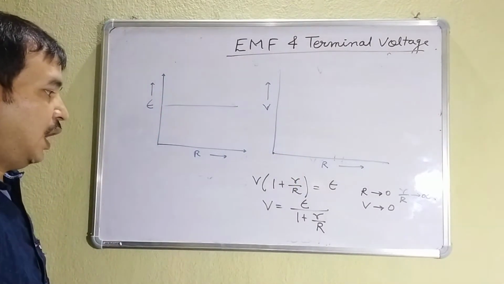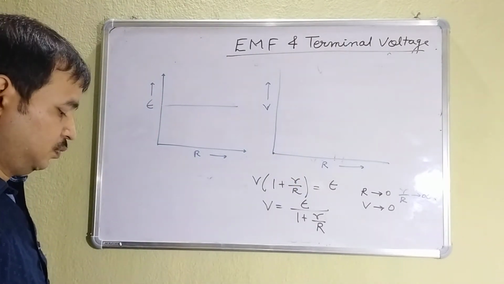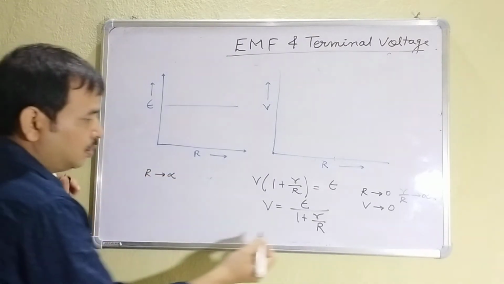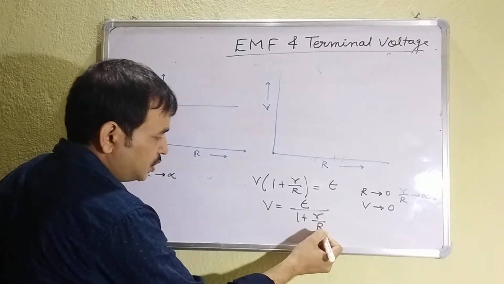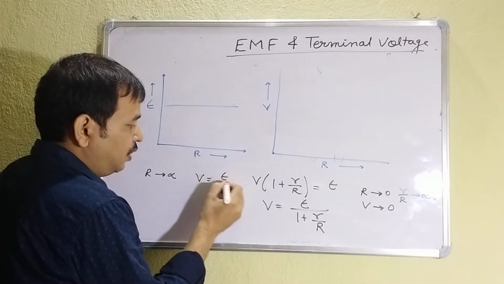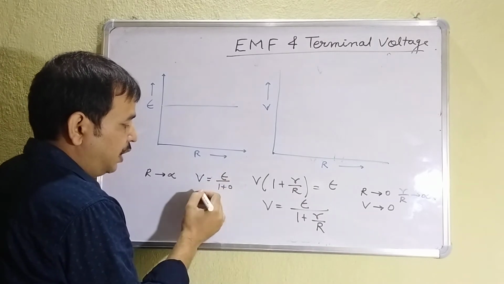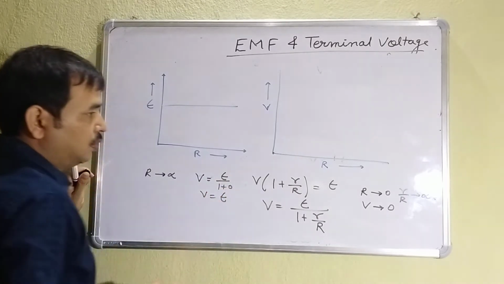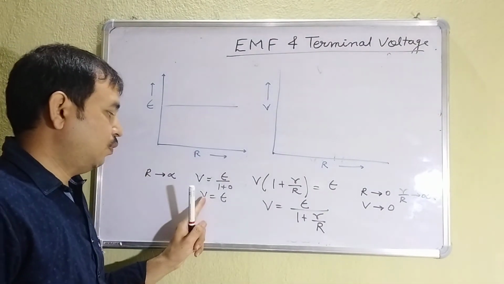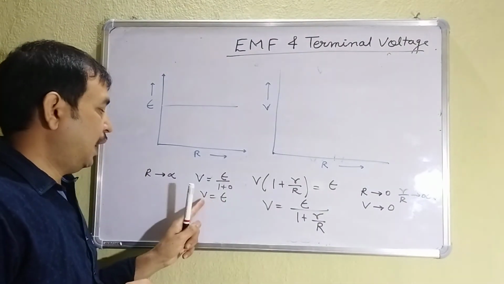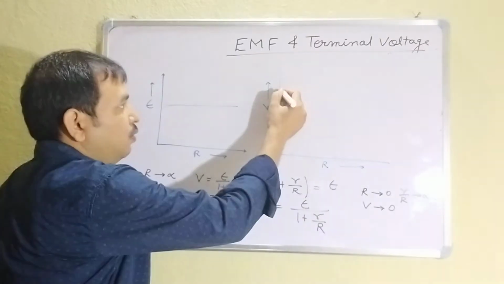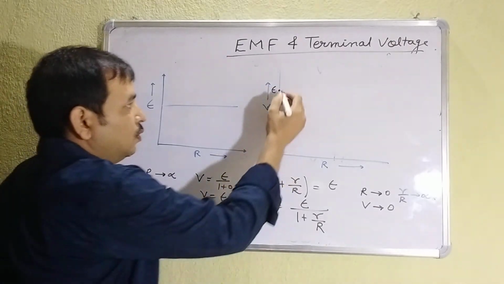Now, when R is tending to infinity, r by R is 0, so V is EMF by 1 plus 0, that is V is equal to E. Means the maximum value of terminal voltage is EMF, and that occurs when R tends to infinity. Suppose this is the maximum value.